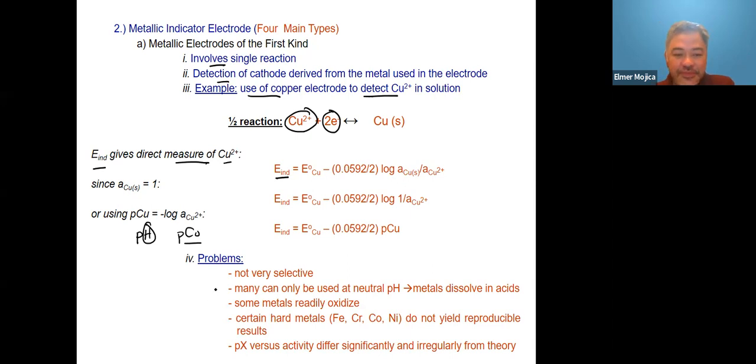Now there are some problems associated with it. Okay, it's not very selective. Okay, although ang ini-interact nitong metallic electrode ay yung mismong analyte niya, but it can also interact with other analytes. Hindi siya masyadong selective. And then many can only be used at neutral pH because you know what happened at different pH.